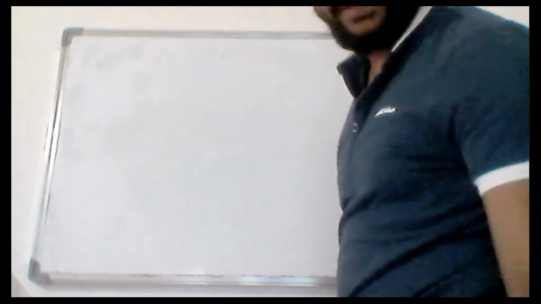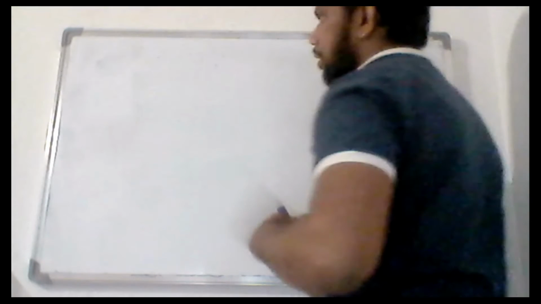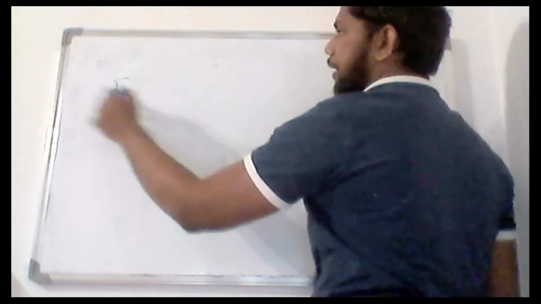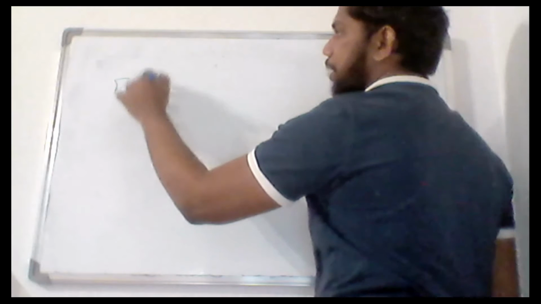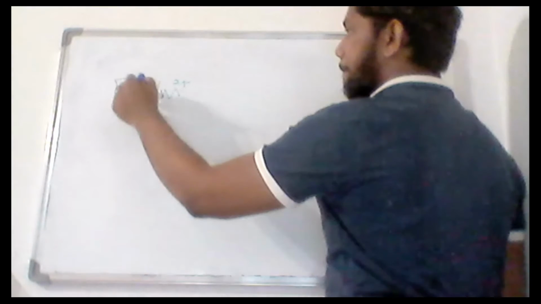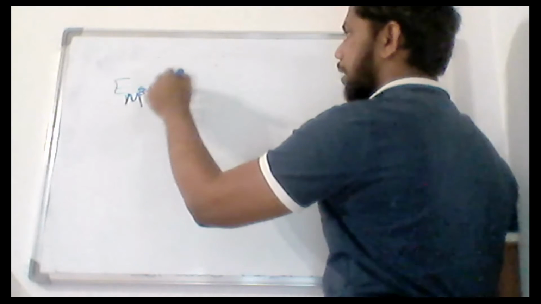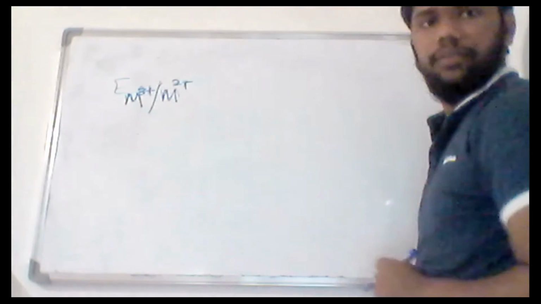So the idea is this. You are given E of M3+/M2+. Why is this given as M3+/M2+? Because this is the reduction potential that they have given, M3+ to M2+, right?